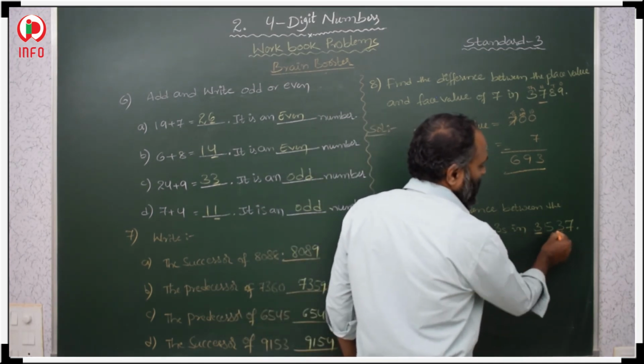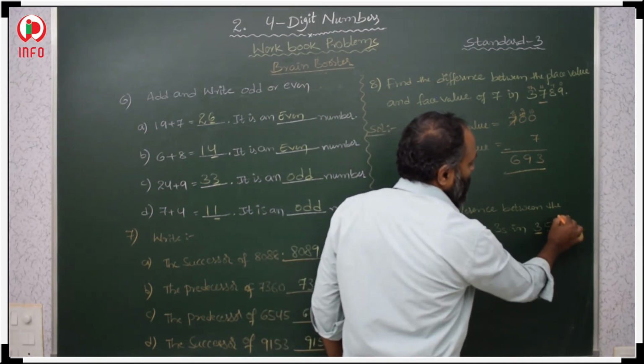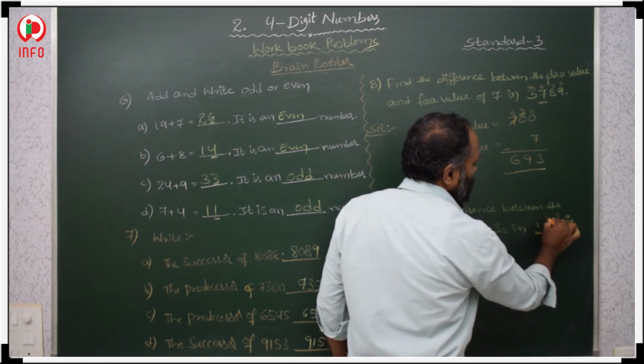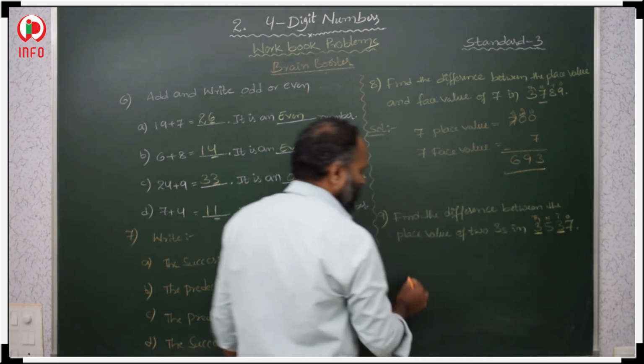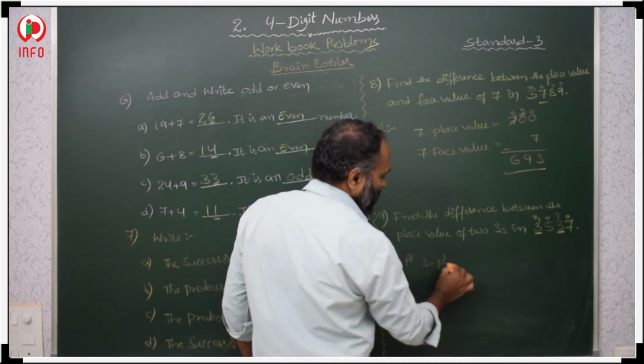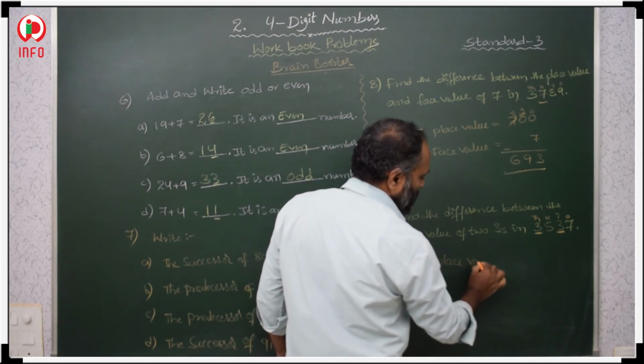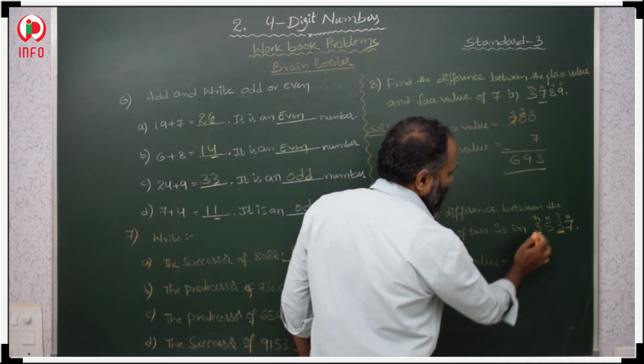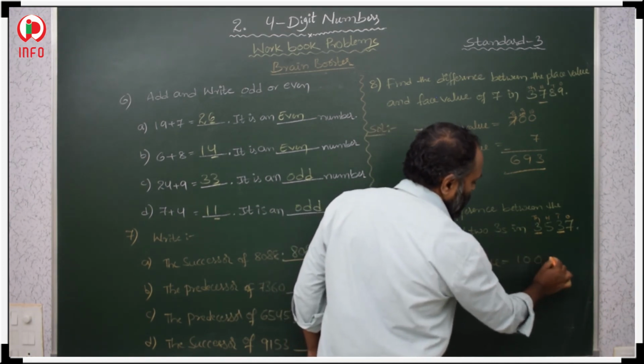Now, find the difference between the place values of two threes. Here one three is there, here another three. This is the ones place, tens place, hundreds place, this is the thousands place. The first three, from the left side, is in the thousands place.